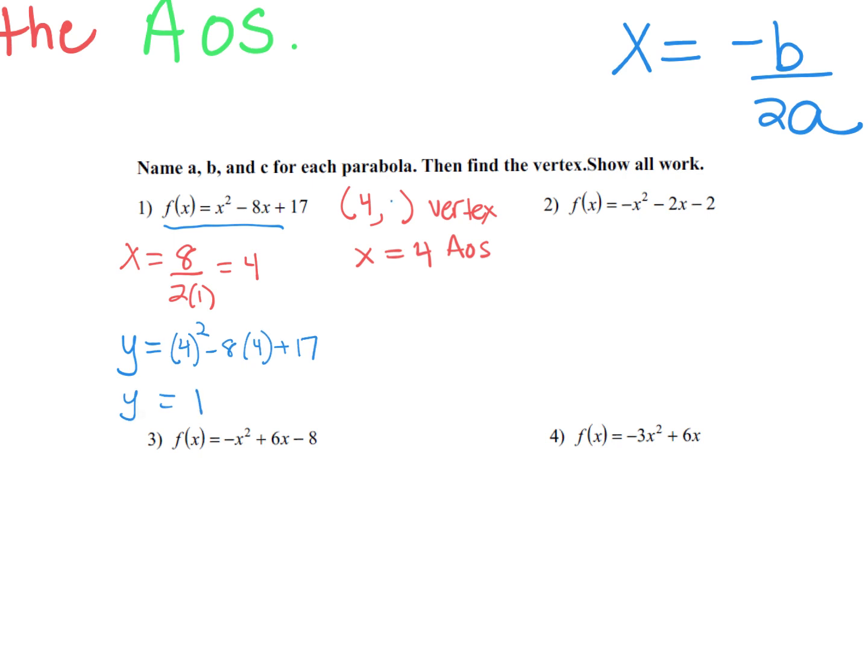And so my vertex is at the point (4, 1). I know the axis of symmetry is x equals 4. I would also know, just doing a quick review here, that by looking at our a value, if that a value is positive, then our shape is going to open up.